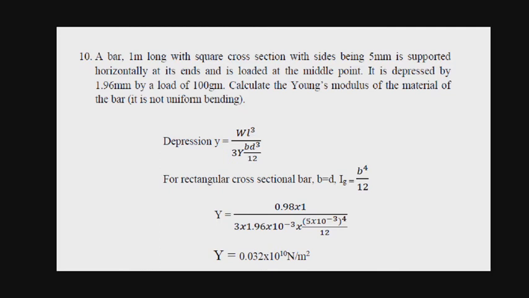Capital Y is equal to 0.98 into 1 divided by 3 into 1.96 into 10 to the power minus 3 into 5 into 10 to the power minus 3 whole to the power 4 divided by 12. Answer is capital Y is equal to 0.032 into 10 to the power 10 Newton per meter square.